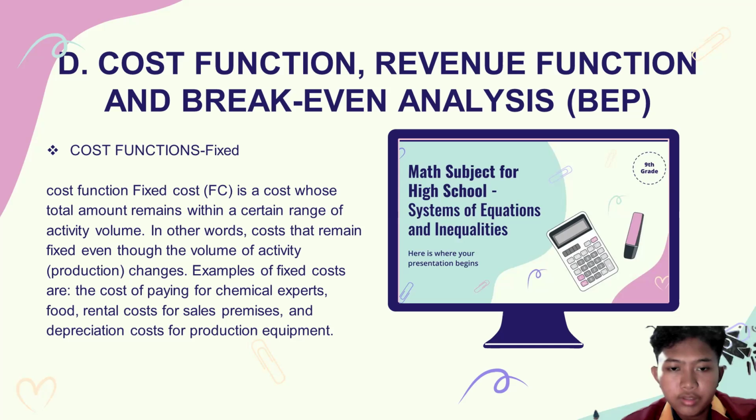In other words, costs that remain fixed even though the volume of activity changes. Examples of fixed costs are the cost of paying for experts, rental costs for the sales premises, and depreciation costs for production equipment.